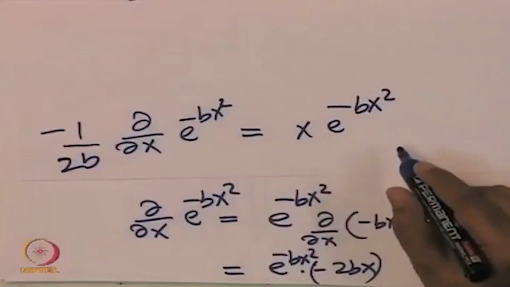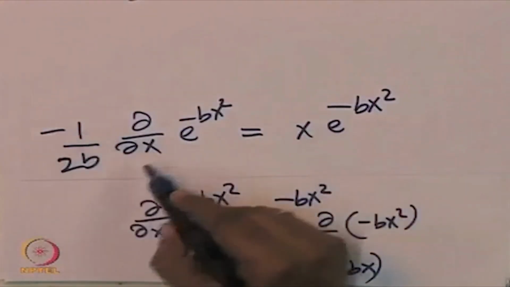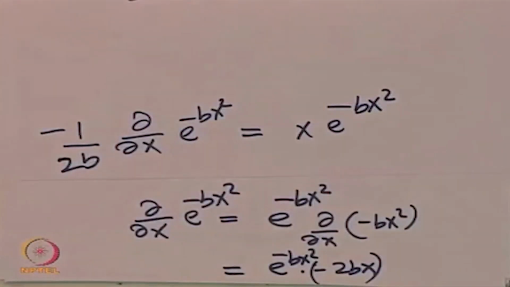So x e power minus b x square can be written as minus 1 over 2 b del by del x of e power minus b x square.